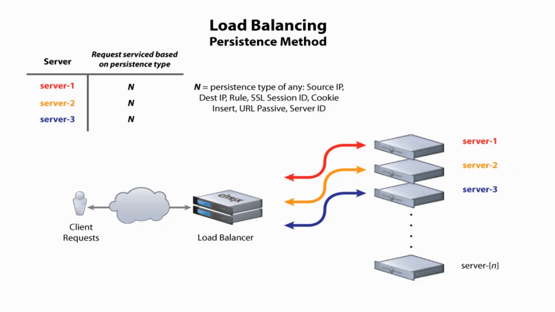Load balancing with persistence allows you to distribute client requests across multiple servers, as I told you. Load balancing uses a number of algorithms, the load balancing methods, to determine how to distribute requests among the multiple web servers.